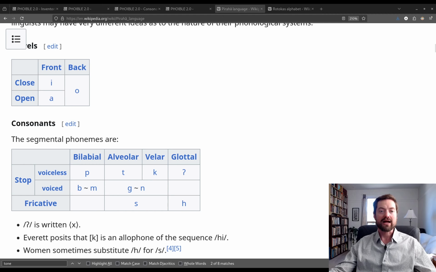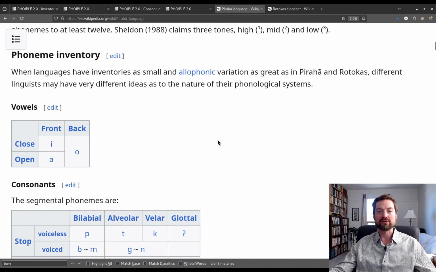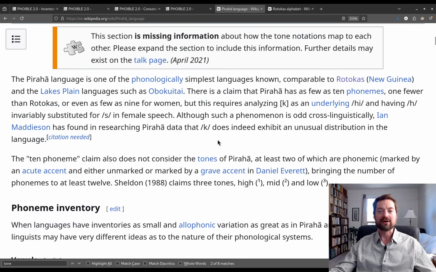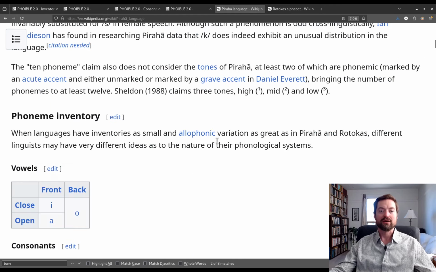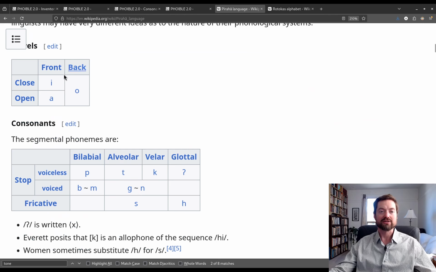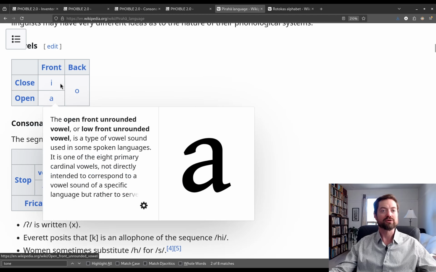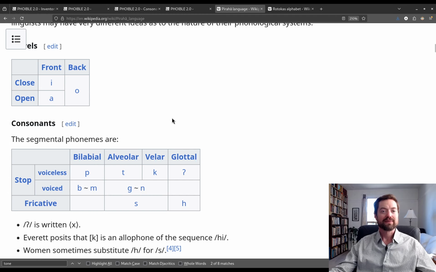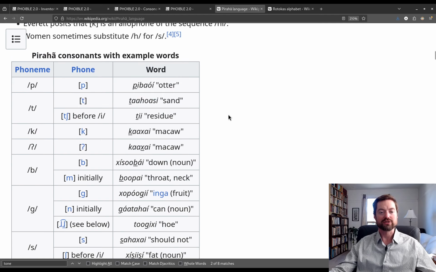So you could argue that this counts as the 12th phoneme, or you could say that this would double here. If you count that tone difference for each of the vowels, you have 8 plus 6, so 14. But usually tones would just be counted as 1. You have this one tone distinction.